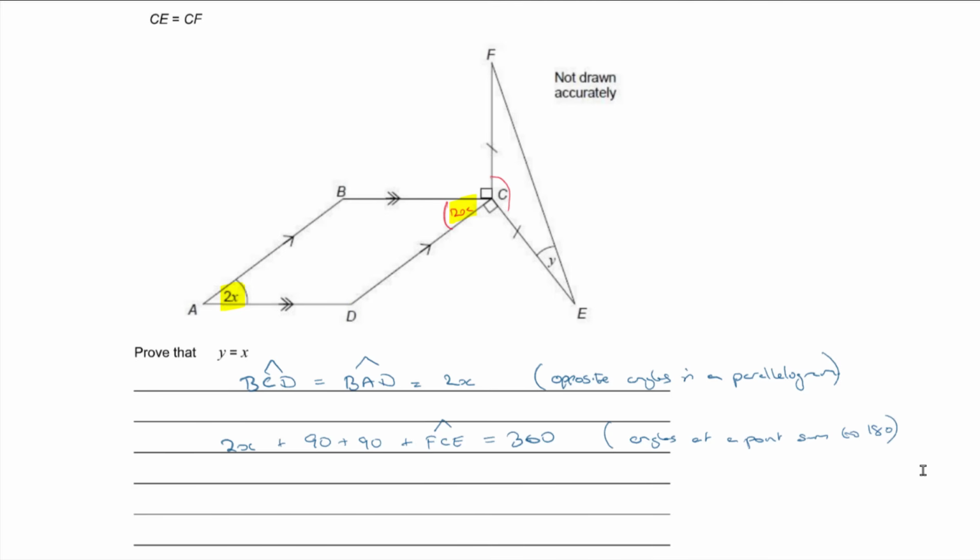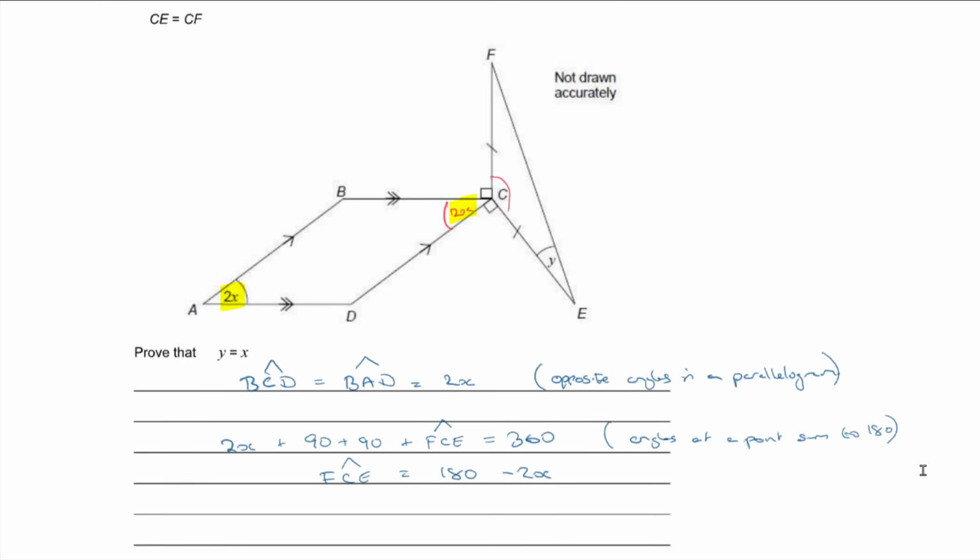Okay, so then just tidying that up, I'm going to say that angle FCE is equal to, taking those 290s away from 360, that's going to give me 180, and then taking the 2x to the other side, I'm going to get FCE equals 180 minus 2x.